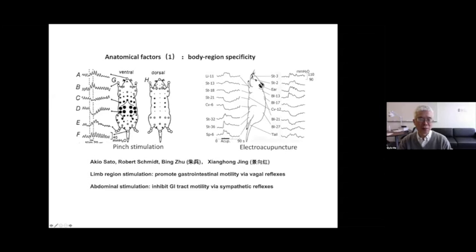Now you have the same input with opposite output, driving different autonomic pathways. That's a pure neuroanatomy question. If it's a neuroanatomy question, we basic scientists who work on neuroanatomy should be able to study or solve this kind of problem.